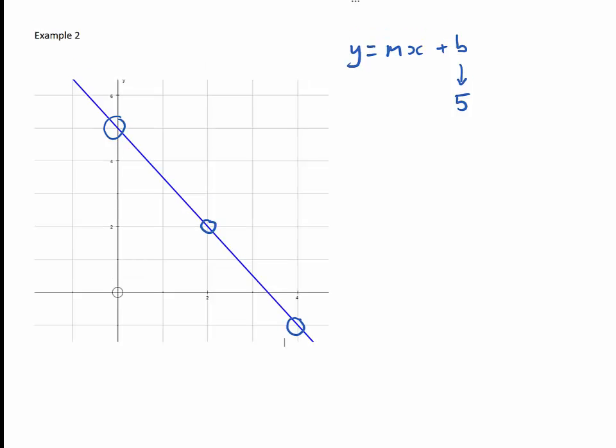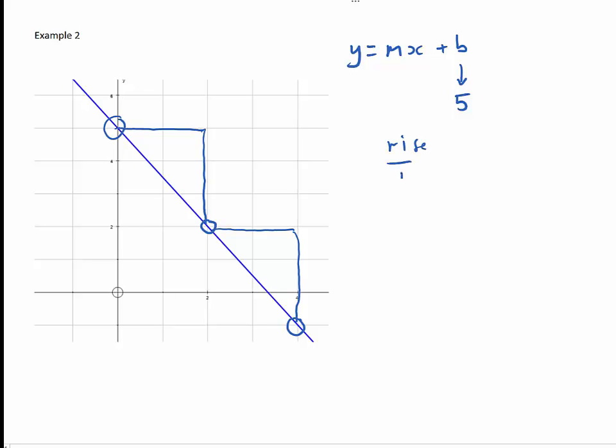Moving from one to the other, I can see that I need to go 2 squares across and 3 squares down, and again 2 squares across and 3 squares down. So it's going down 3 for every 2 across. So rise over run is down 3, minus 3 over 2. So the equation of this line is y equals minus 3 over 2 x plus 5.